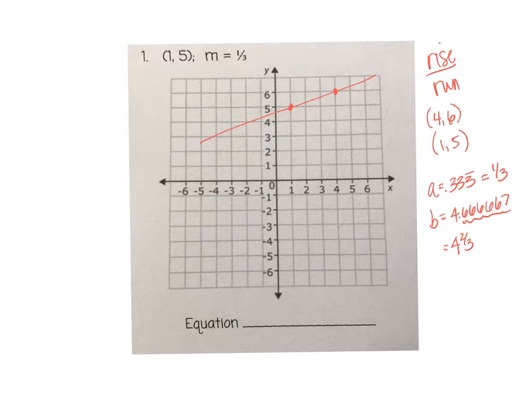If you typed in 4.6 repeating and then hit math, fraction, enter, like we talked about yesterday, it'll give you 14/3. Either way is acceptable. I would take both answers. So we have y equals 1/3 x plus, I'll just write it as 14/3.